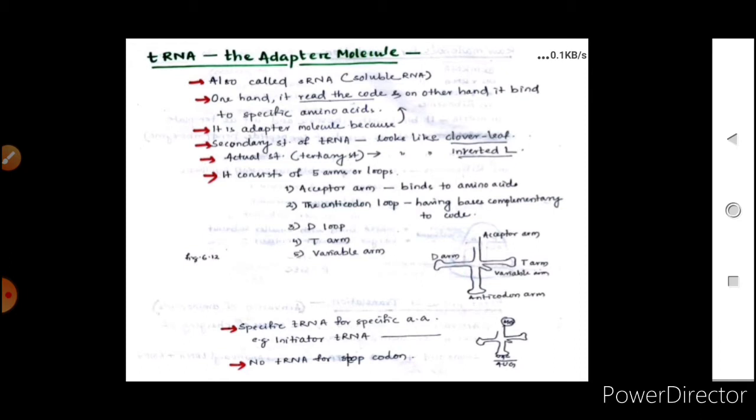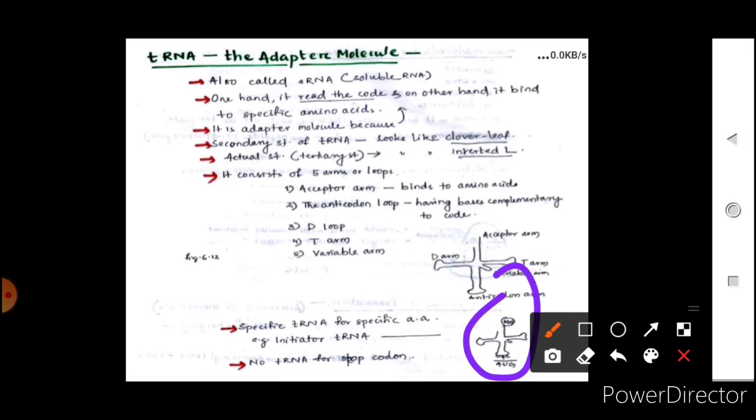Now the secondary structure looks like a clover leaf, but actually it is an inverted L. It has 5 arms, that is the acceptor arm, the anticodon loop, the D loop, the T arm and the variable arm. Okay. Now a specific tRNA is there for a specific amino acid, like initiator tRNA, the diagram is given here, that is for the methionine, and no tRNA is there for the stop codon.